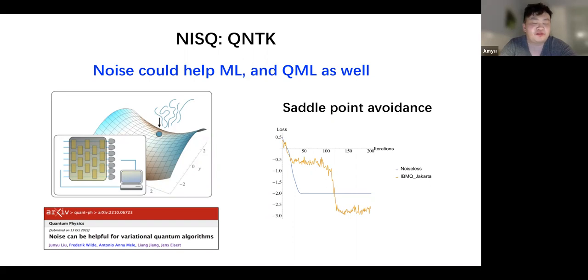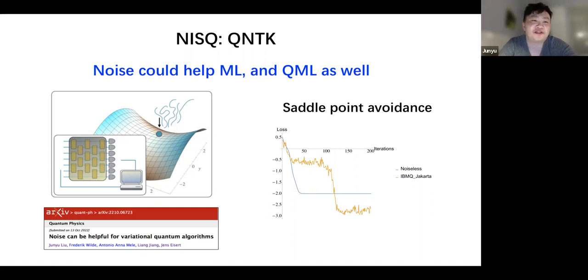One of the most popular algorithms for classical machine learning is called stochastic gradient descent, where people even manually add noise to the algorithm, a Gaussian distributed number, and include that in the gradient descent dynamics, and you will find that the results perform better.